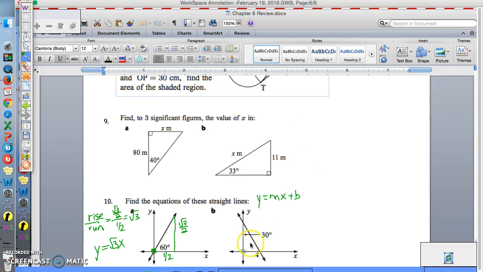Now this last one here, let's see, we need rise over run and our intercept, and we know that this is 4. So we have to find our y value. Well, if this is 30 degrees, this is opposite and adjacent. So the tangent of 30 equals 4 over y, times y.